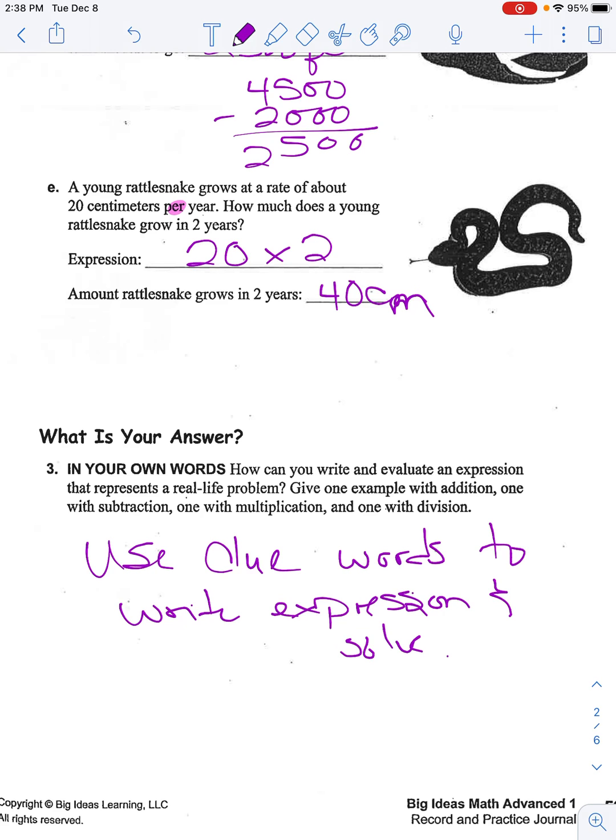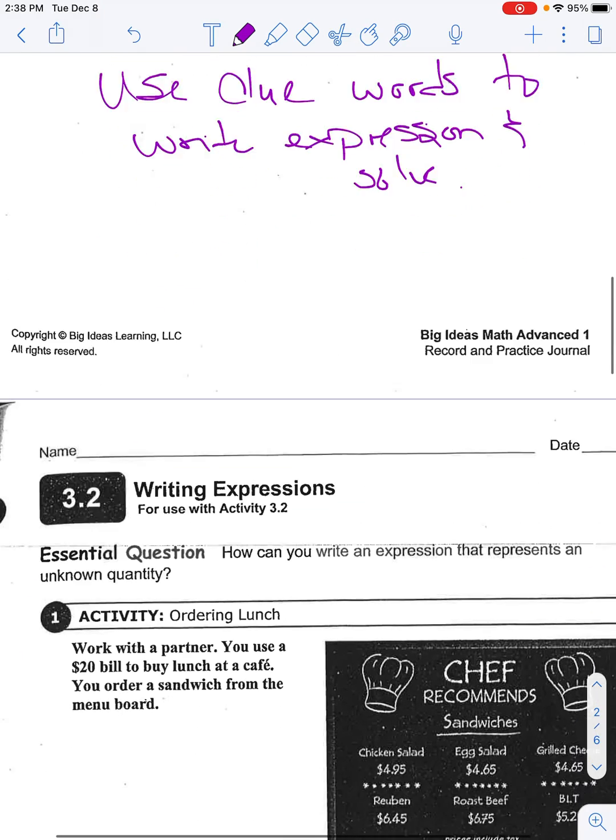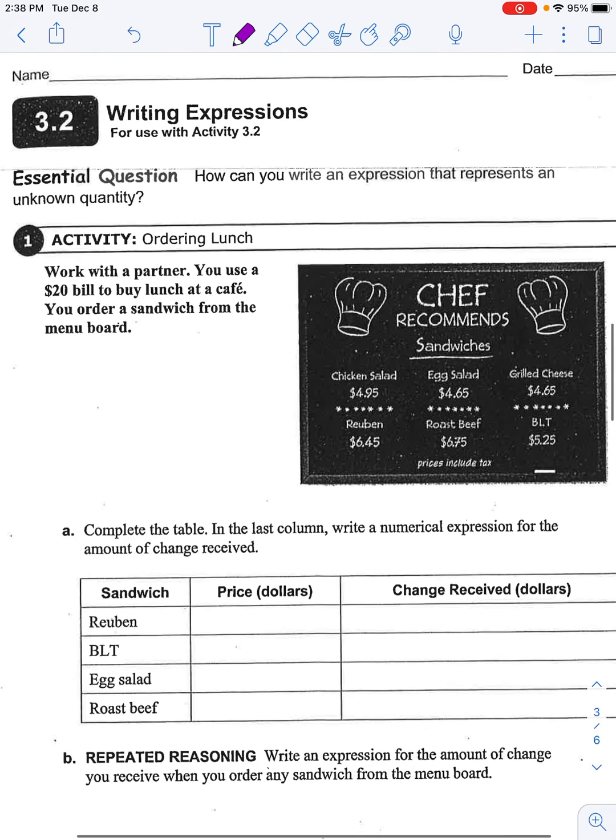Alrighty, and then we did not come up with examples in class. Okay, moving on to the next page.